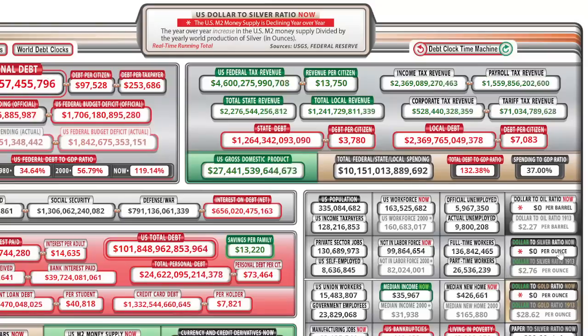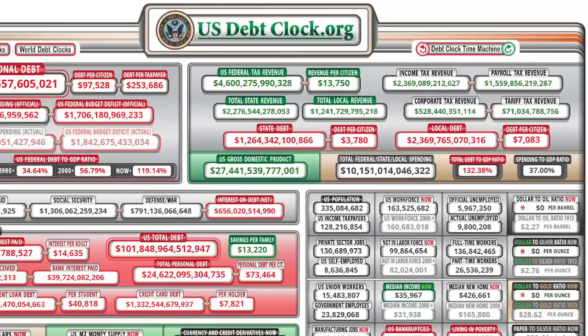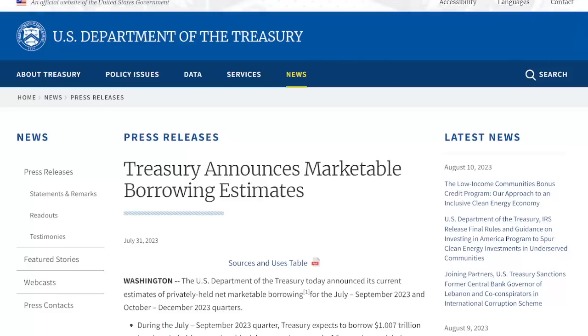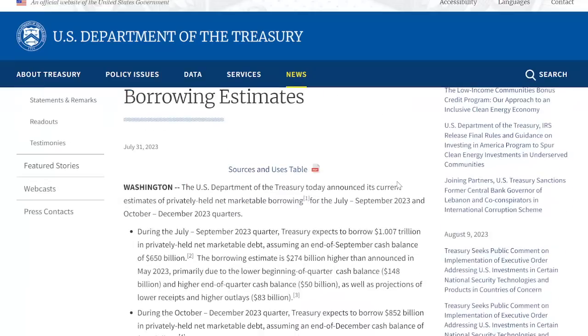Now, in the past few months, we have seen the debate about the debt ceiling. And since that has come into play, what happened? Something I've never seen before, and that is an announcement at the Treasury Department's website here, saying that the Treasury announces marketable borrowing estimates. Indeed, they have.